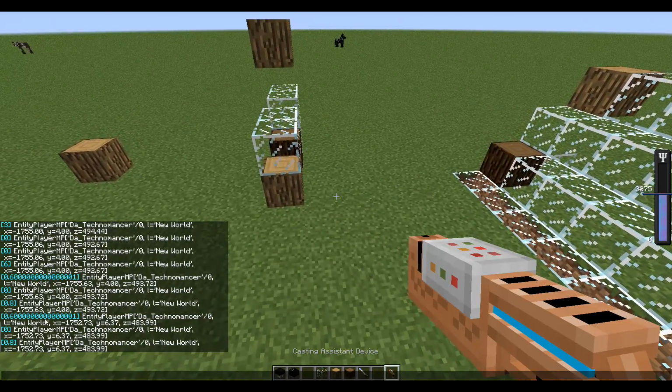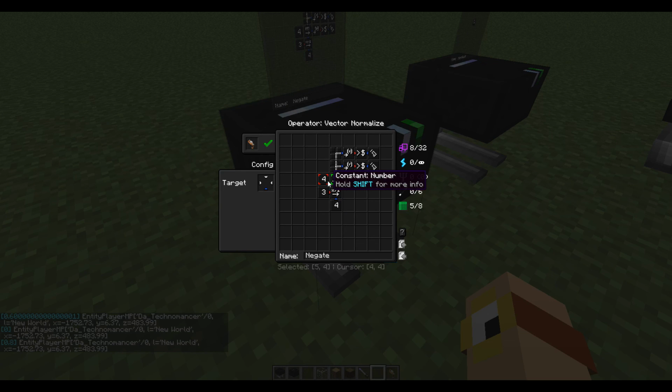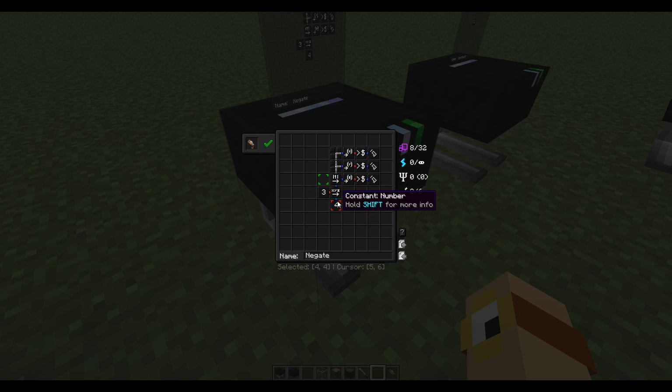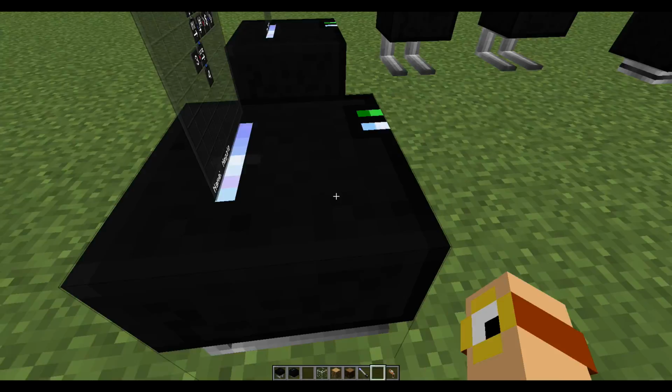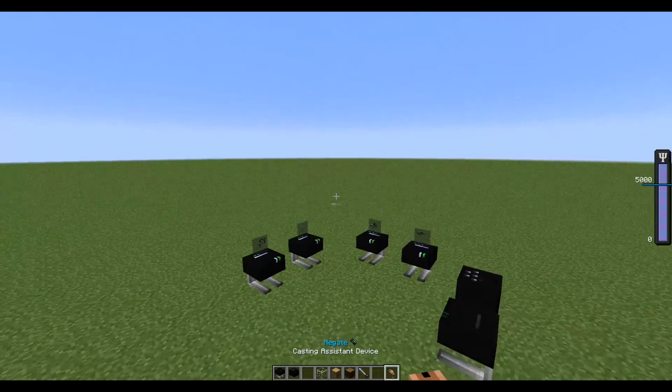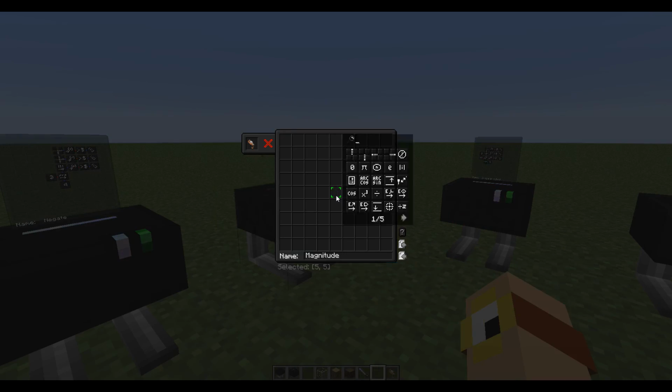So this is the same direction as a 3, 4 vector, but it just has a magnitude of 1 instead of 5. That's what normalize does. So it's pretty important, very useful for things.